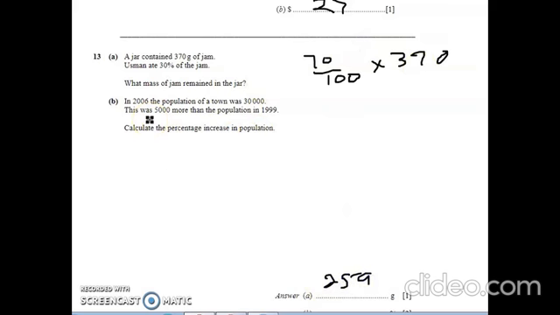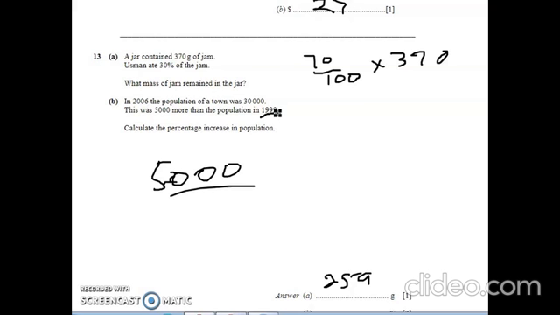In 2006, the population was 30,000. This was 5,000 more than the population in 1999. Calculate the percentage increase in population. So basically, the increase is 5,000. Now we need the old population of 1999.